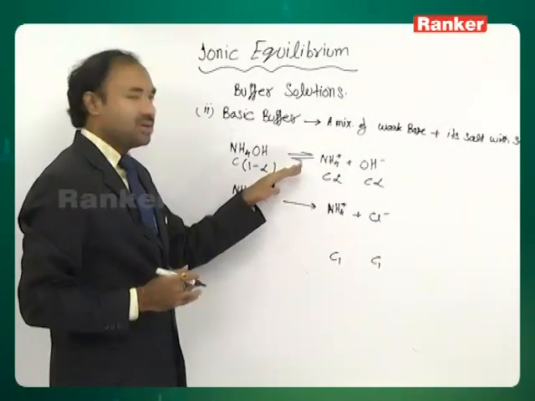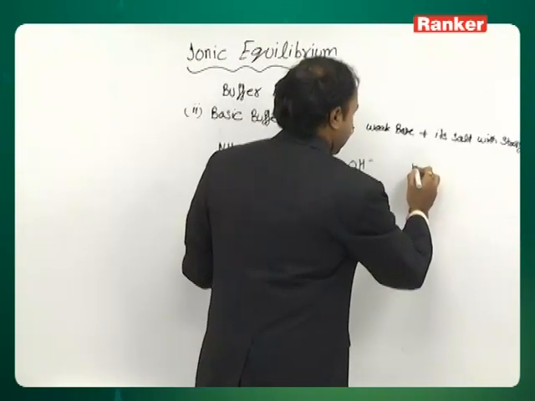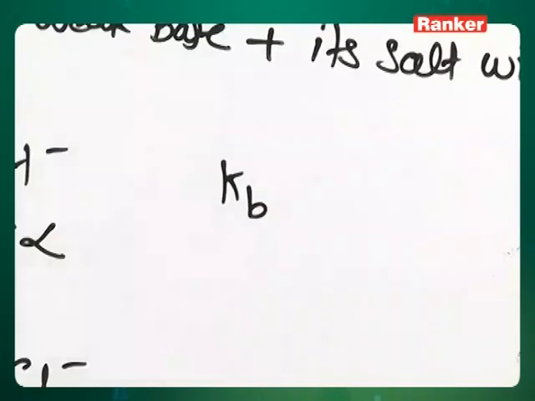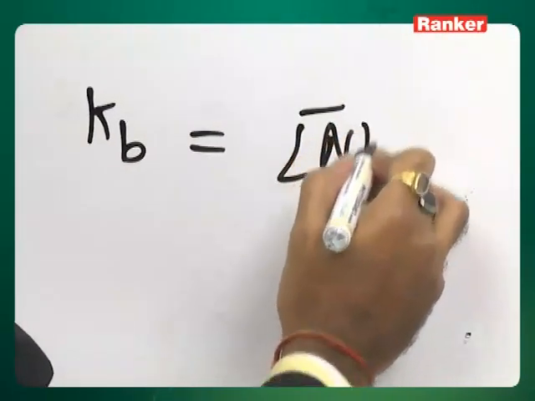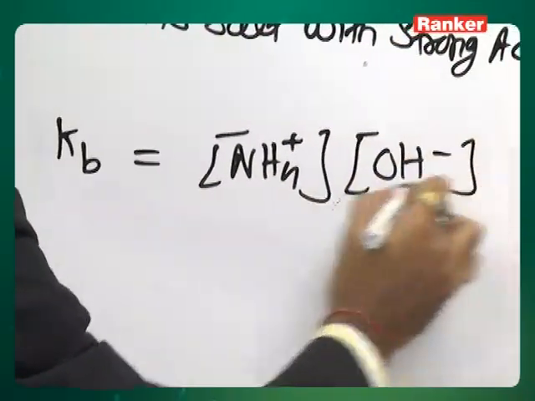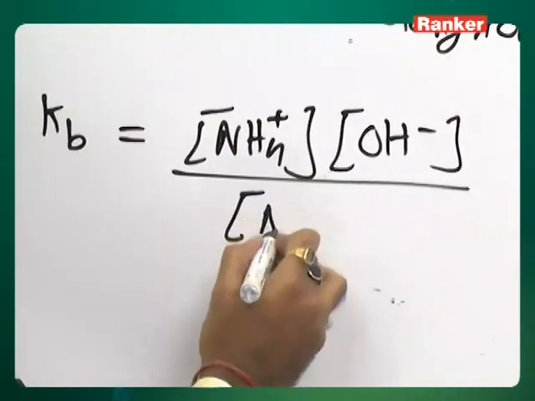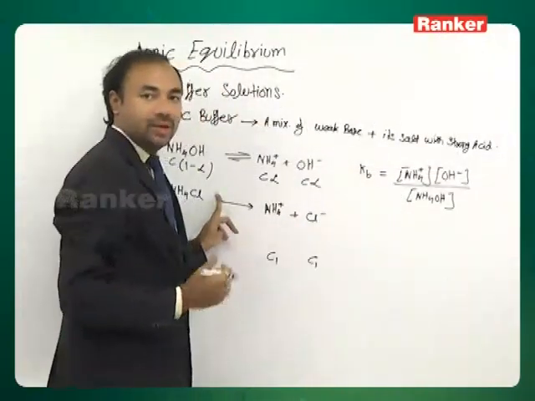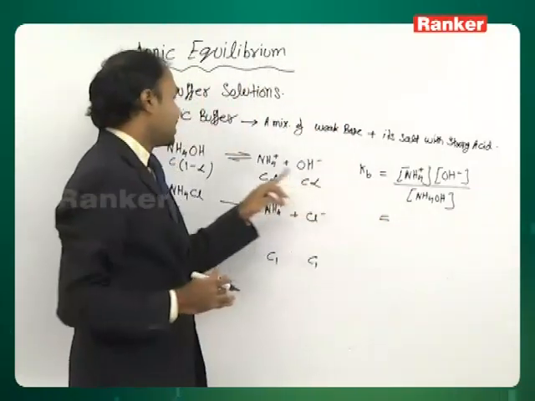We write the equilibrium constant for this, and the dissociation constant for bases is known as Kb. Kb will be equal to concentration of ammonium ion into hydroxyl ion upon concentration of ammonium hydroxide undissociated. This becomes equal to the concentration of ammonium ion.